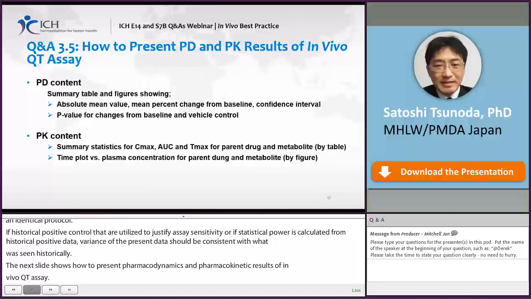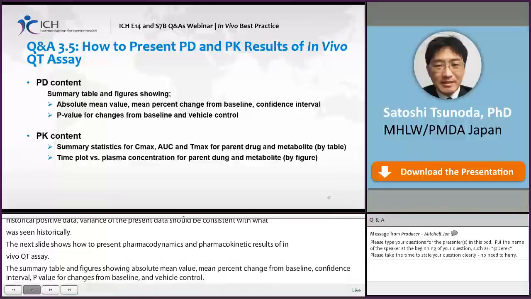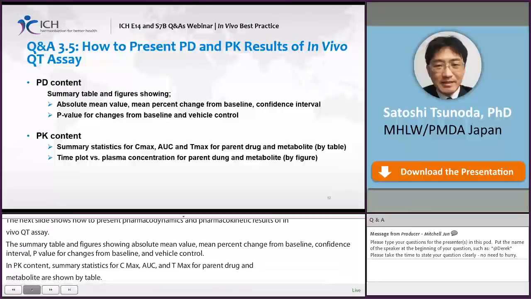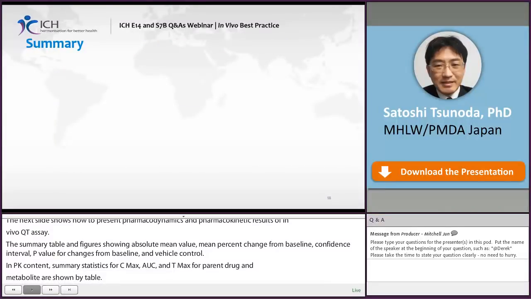In PK content, summary statistics for Cmax, AUC, and Tmax for parent drug and metabolite are shown by table. Time plots versus plasma concentration for parent drug and metabolites are shown by figure. Next two slides show a summary of in vivo best practice.